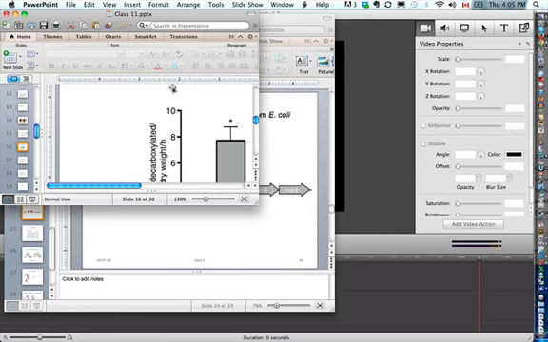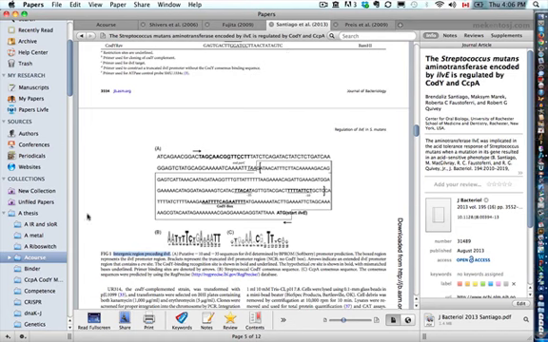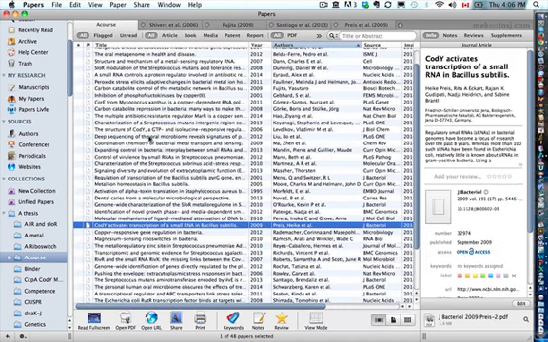We're looking at the paper. What was the author's name? Martinez.